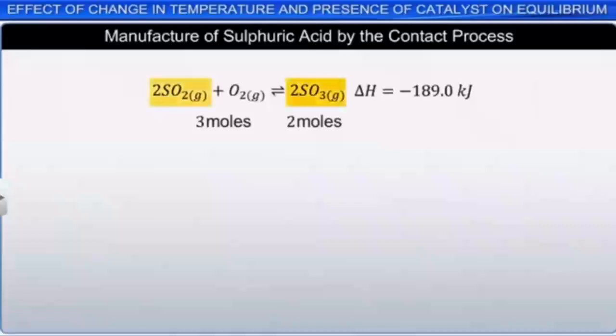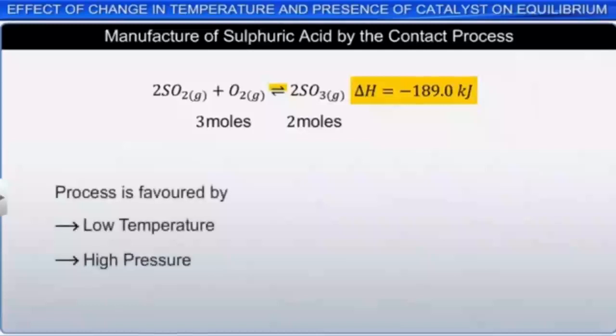The forward reaction leading to the formation of sulfur trioxide is an exothermic reaction involving a decrease in the number of moles. Thus, according to Le Chatelier's principle, low temperature and high pressure favors the formation of sulfur trioxide.